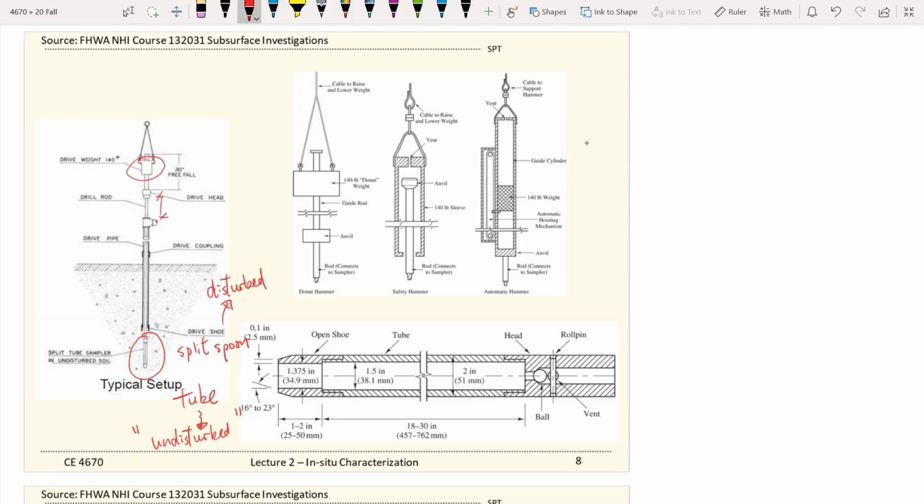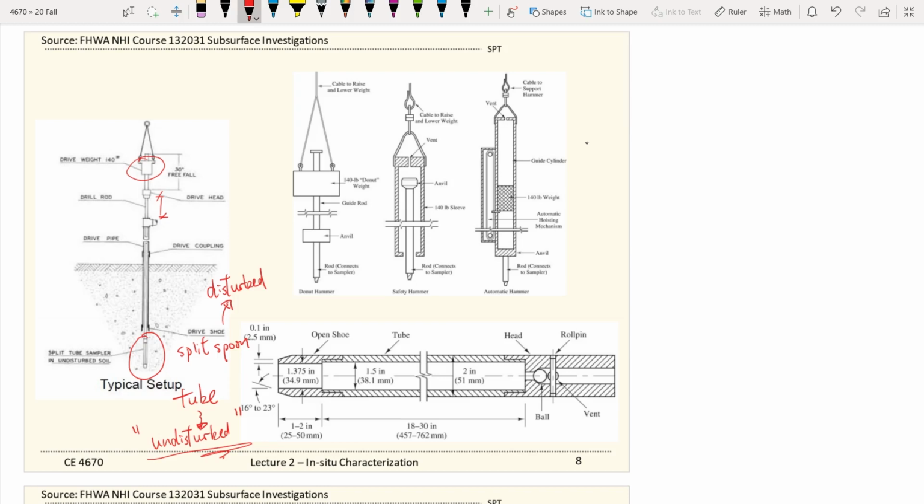Undisturbed means there's much more effort on preserving the soil samples that you're collecting. You end up with better quality so that you can conduct advanced strength laboratory tests, for example, triaxial tests on it to get more reliable data.